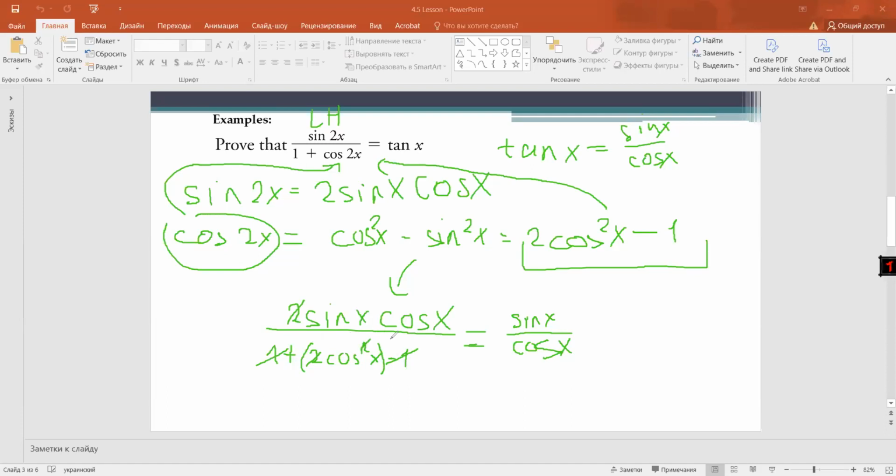So here cosine turns to power 1, and this cosine disappears, getting factored out. Now we can see that the left-hand side, sine x over cosine x, equals sine x over cosine x, which is equal to tangent x.